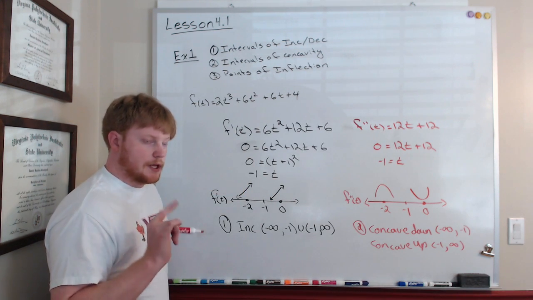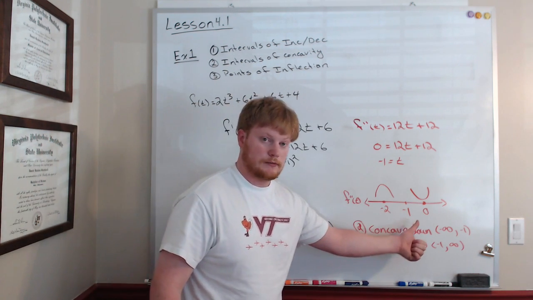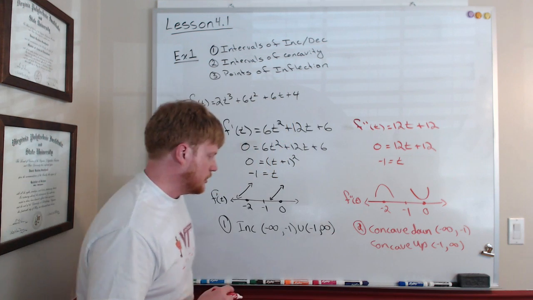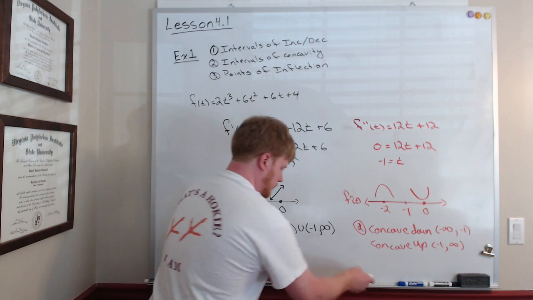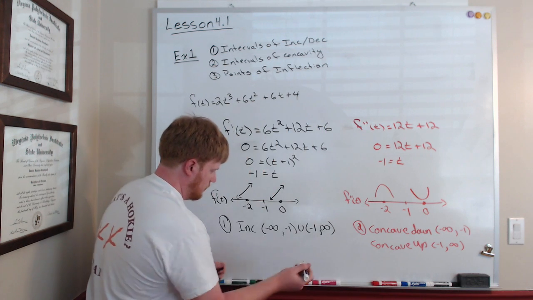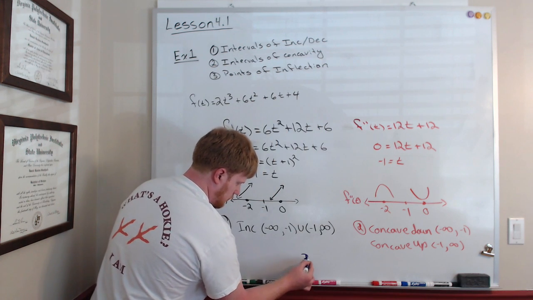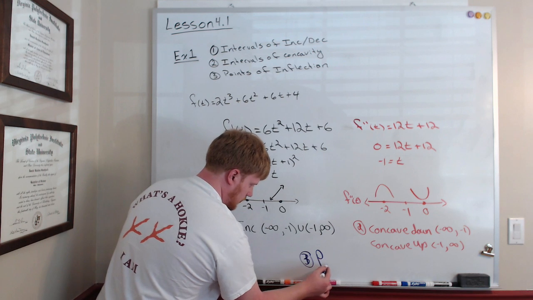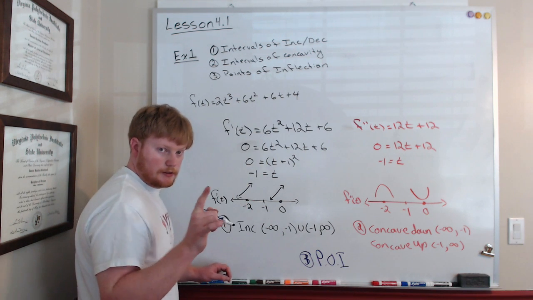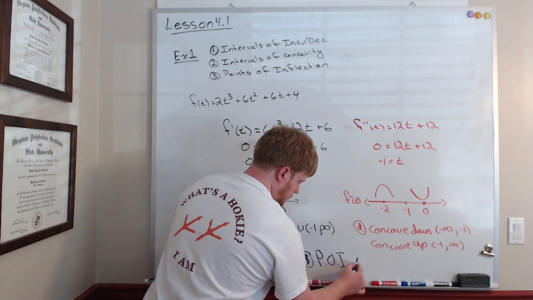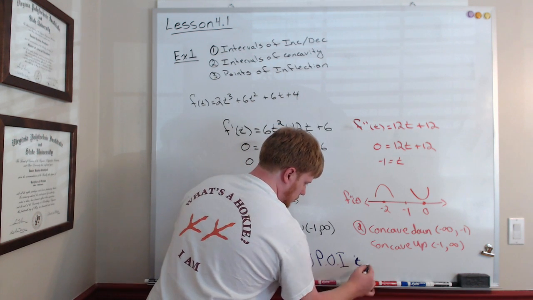Now my point of inflection is at negative 1. That's where the concavity changed. We'll do that in a different color. Point of inflection, not interest. That's a T.